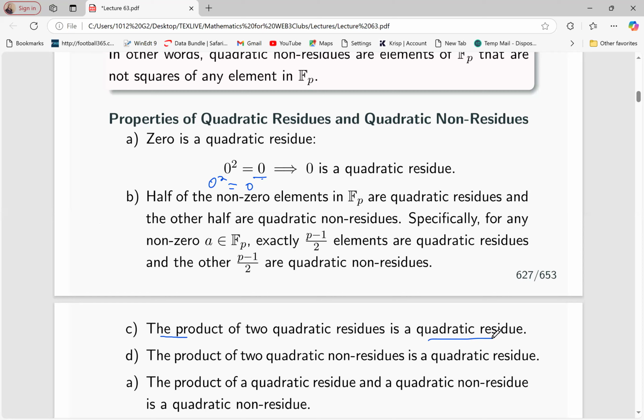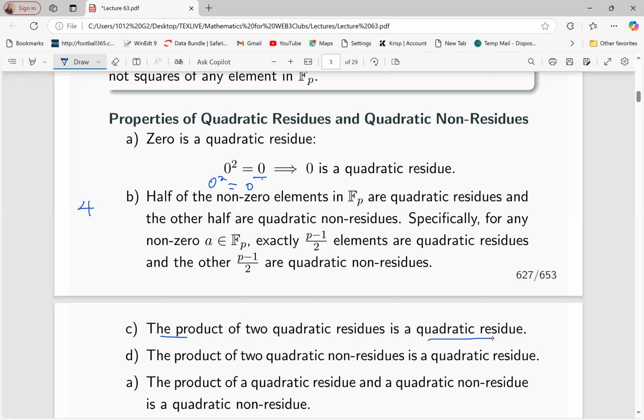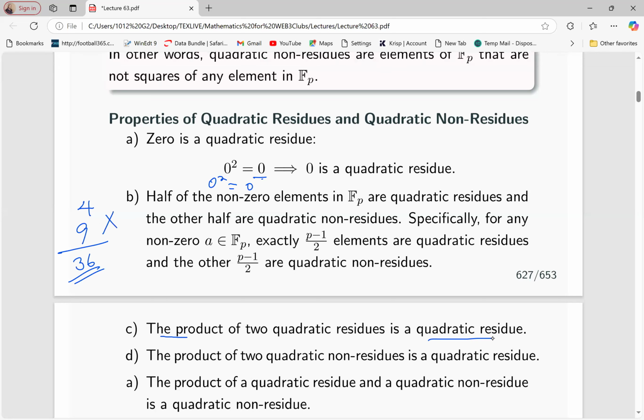Just a simple example, although this is not the best example because we are supposed to use p, and p is supposed to be prime. But a very easy example: 4, we know it has a square root, and 9 also has a square root. So you're saying that the product of these 2 will also have a square root. That is what this is saying.